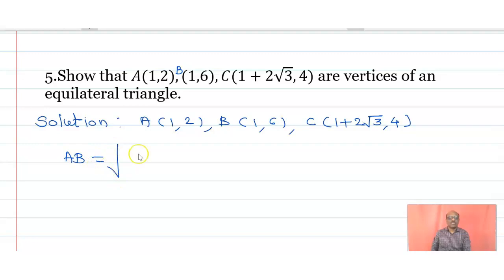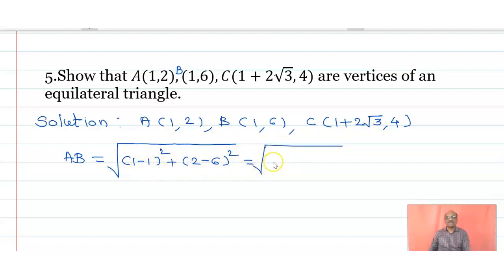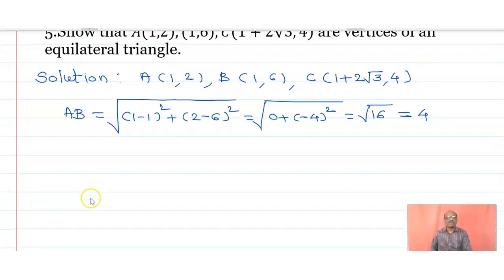This AB is equal to, we'll find out this distance: 1 minus 1 bracket square, x1 minus x2 bracket square plus 2 minus 6 bracket square, and if we evaluate this, you will get 1 minus 1, that is 0, minus 4 bracket square, that is root of 16, and overall you will get 4. Therefore AB is equal to 4, first one.